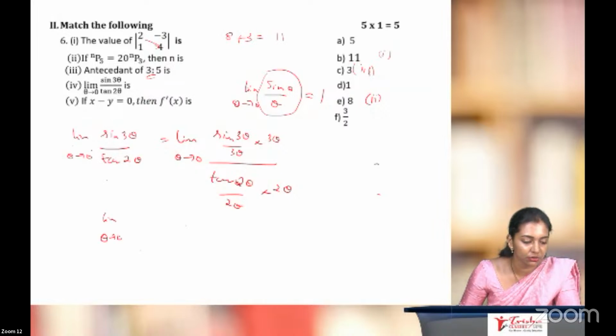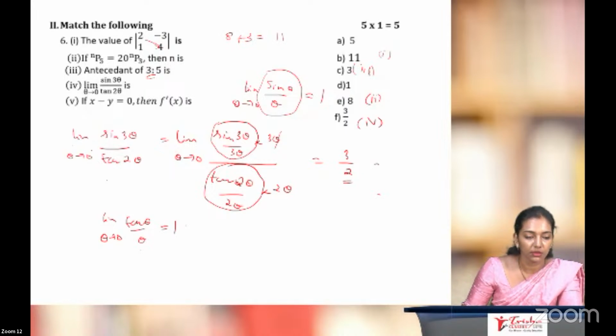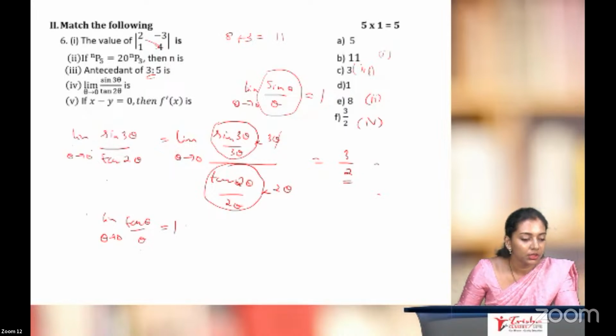Limit theta tends to 0, tan theta by theta is also equal to 1. So when you apply the limit here, this becomes 1. Theta gets cancelled. Ultimately 3 by 2 is the answer. This is the fourth one. I hope you understood.